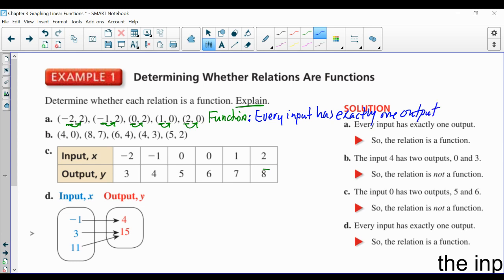That's how I would explain it. Every input has exactly one output. And again, this is in your textbook, so if you have it open, this is on page 104. Now let's look at B.